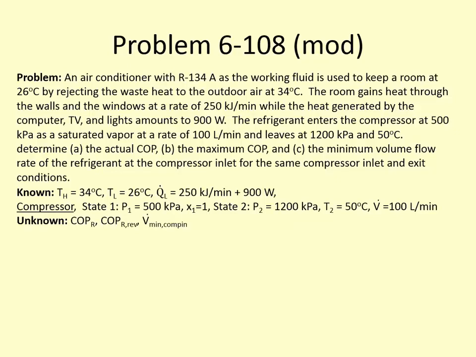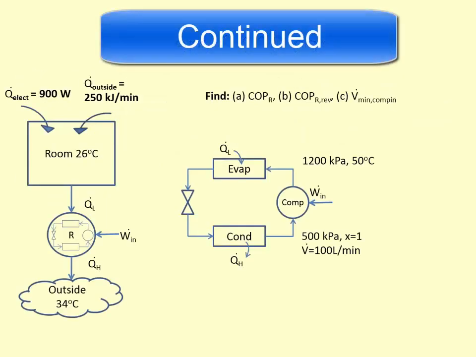So we want to determine first the actual COP, the max COP, and then the minimum volume flow rate of the refrigerant at the compressor inlet for the same inlet and exit conditions. Okay, so there's a lot in there. We know that this is a refrigeration system, but we also know that we have to analyze and perform an energy balance on the compressor in order to figure out some of the other inputs to our system.